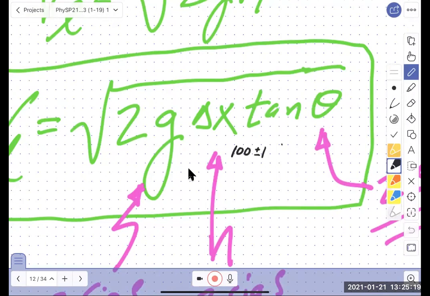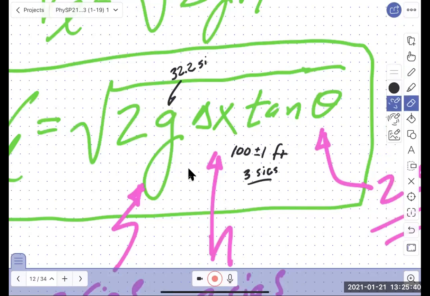So we have 3 sig figs there. It's overkill on that. g in the English system is 32.2, to go 1 sig fig beyond what we need, and that's in feet per second squared.